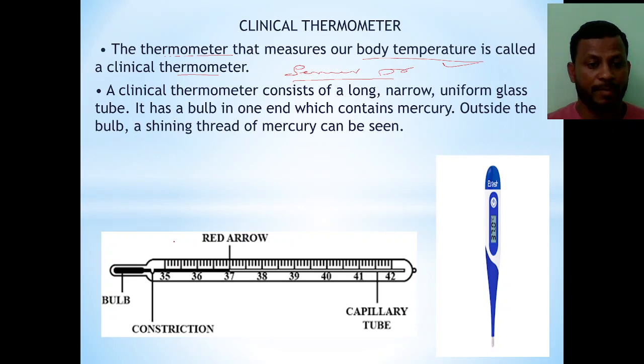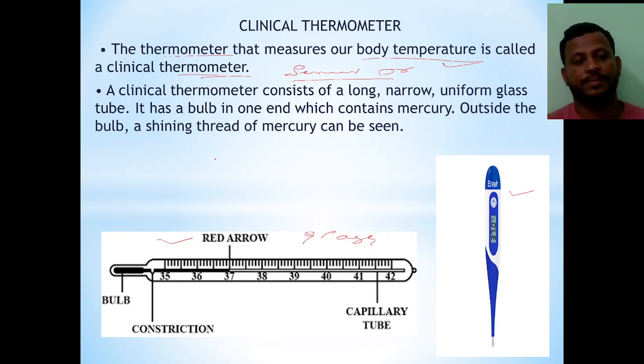You can see here in the object, this is the manual thermometer or the glass thermometer. This is the digital thermometer. When the doctor sees the body is hot, he uses the thermometer to measure the temperature of our body. He places the thermometer below our tongue or under our arms.